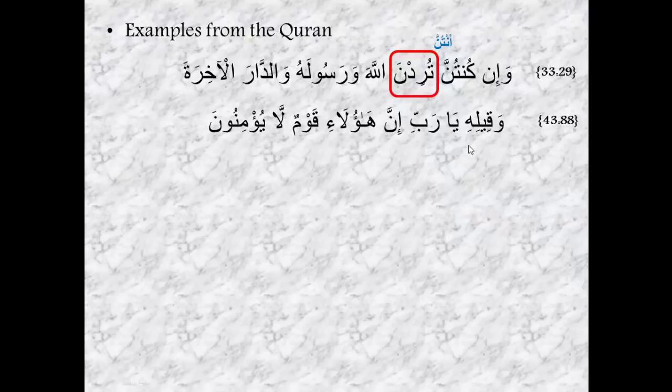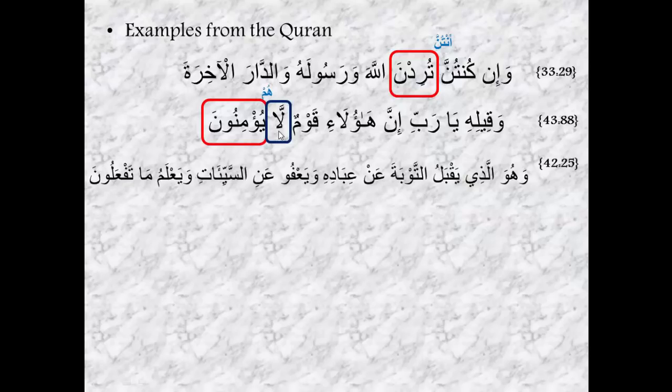And his saying, O my Lord, indeed these are a people who do not believe. So here we have an example of a negation, لَا يُؤْمِنُونَ, who do not believe. The conjugation is for whom? يؤمنون.